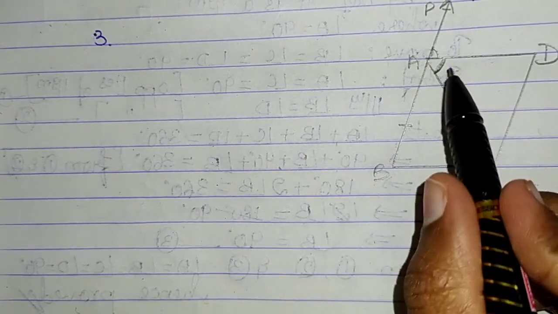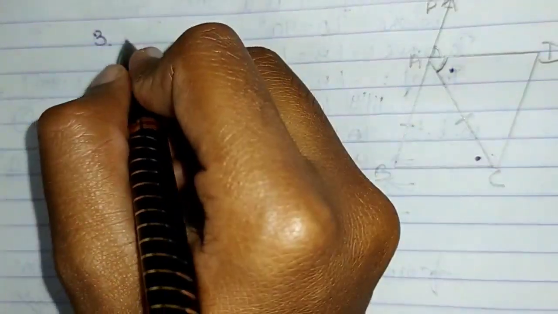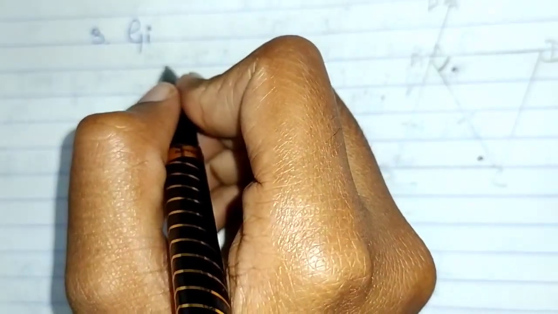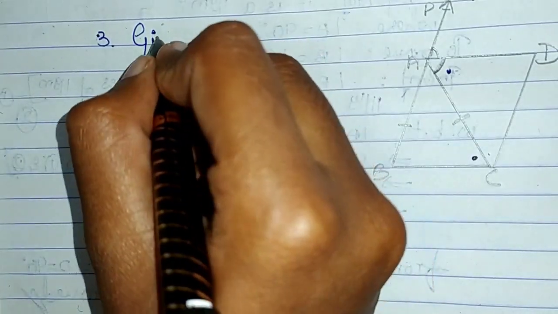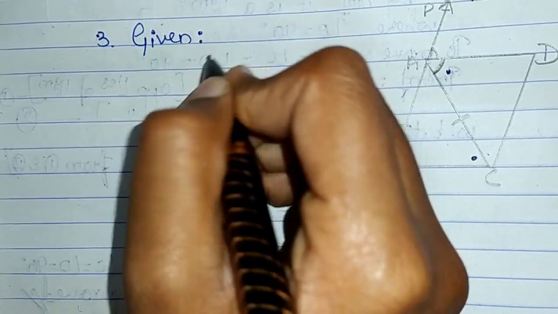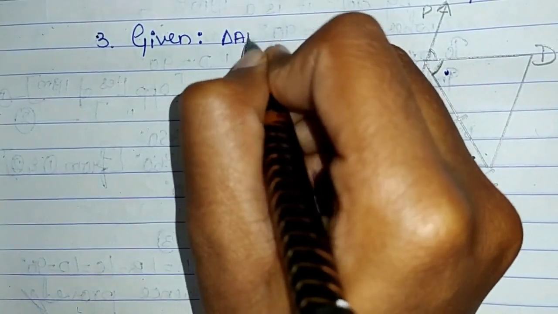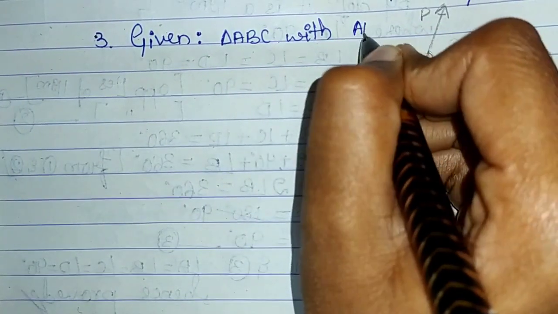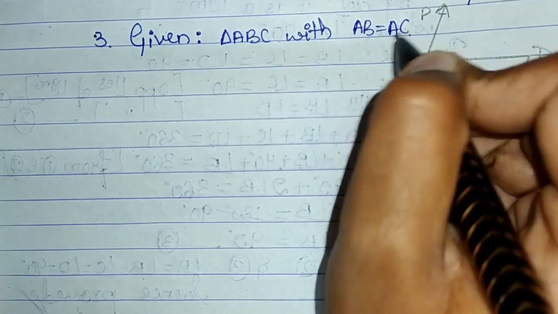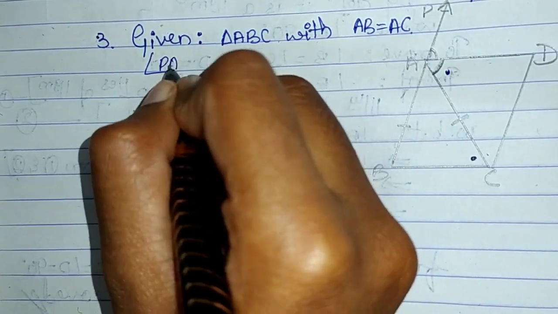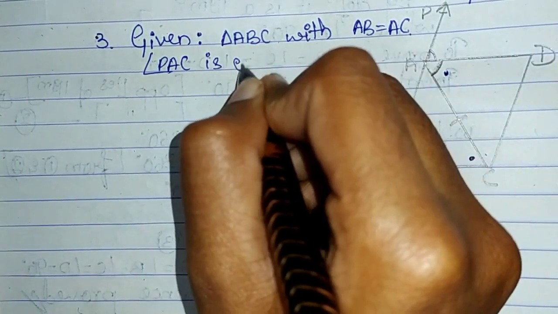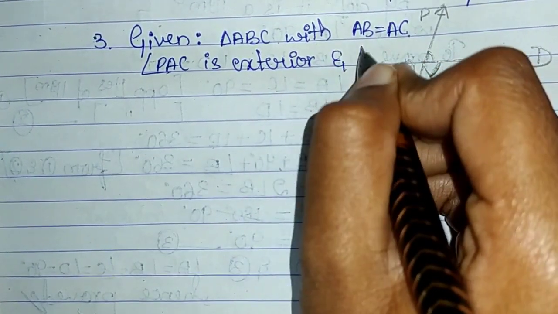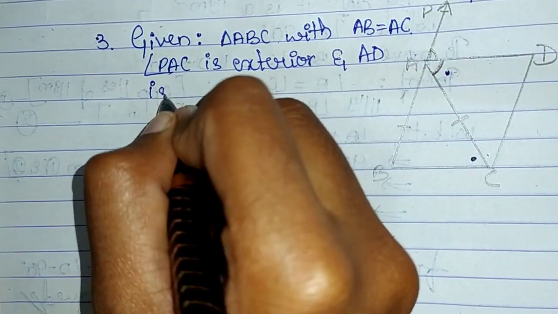So first let us prove that the angles are equal. Writing down, given triangle ABC with AB equals AC. Angle PAC is exterior and AD is the bisector.